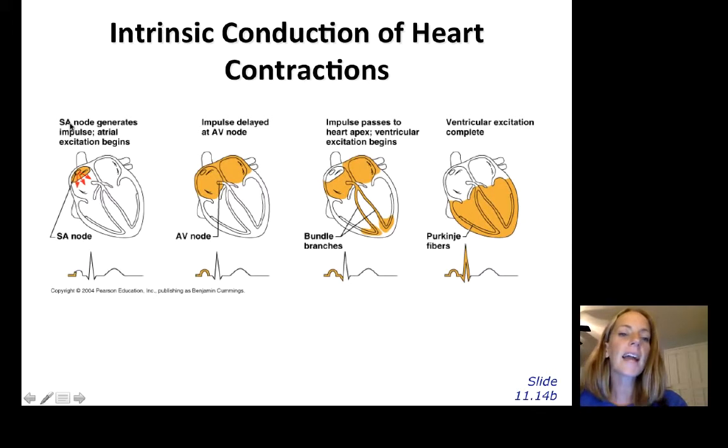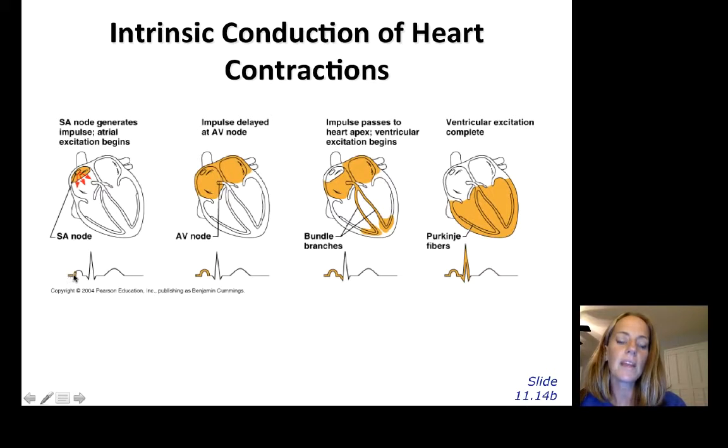So if you watch the activity spreading, the activity starts in the SA node and spreads through the atria. It'll then reach the AV node, where there'll be a slight delay, and then it'll begin to travel down the ventricles and then all the way up the ventricles. This can be traced by looking below at the EKG waveforms.